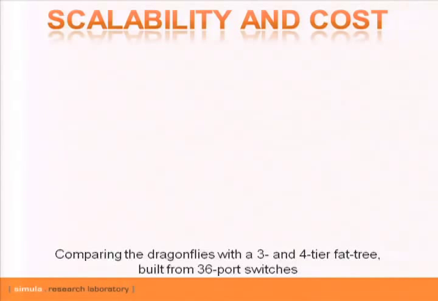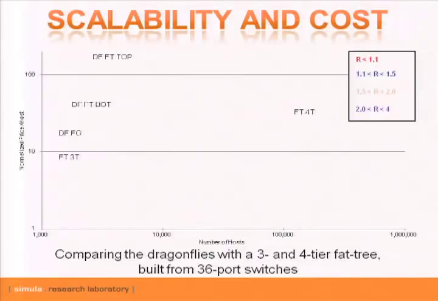Okay, then we're coming to the essence, the results, and let us first focus on when the topologies are built from 36-port switches. What we have here is the normalized price per terminal, or per host, as a function of the number of hosts.